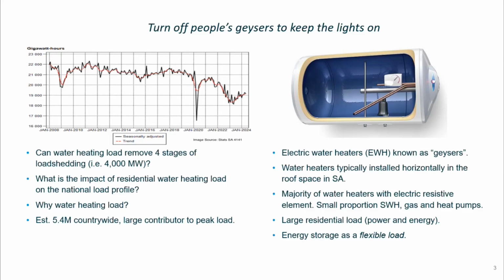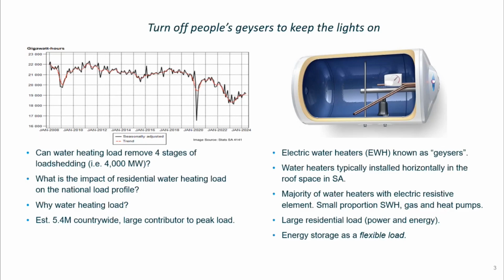The water heater, otherwise known as a geyser, technically we call it an electric water heater or electric resistance water heater, with heat pumps joining in as also an electric load. And typically about 90% of the geysers that sit on the grid are horizontally oriented.